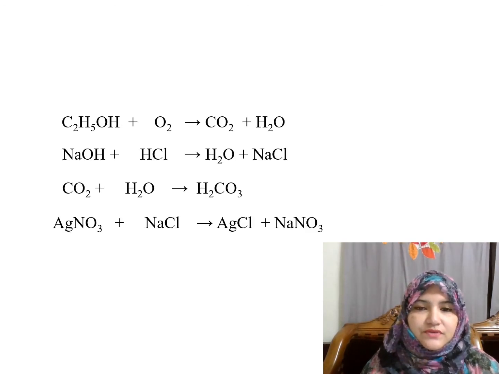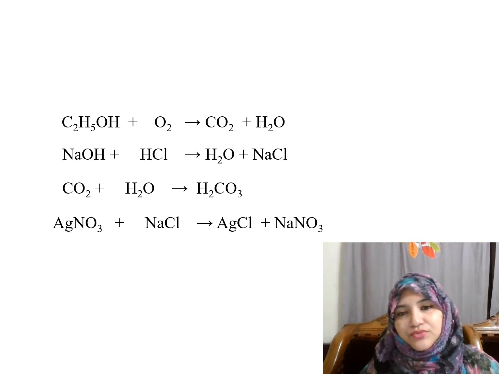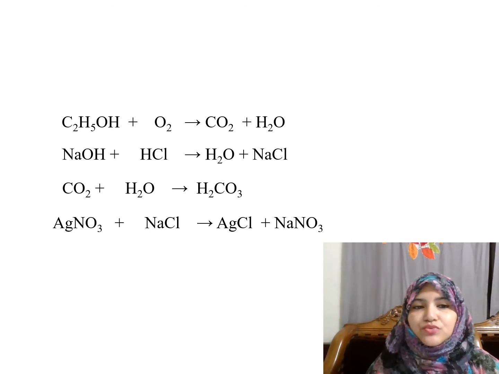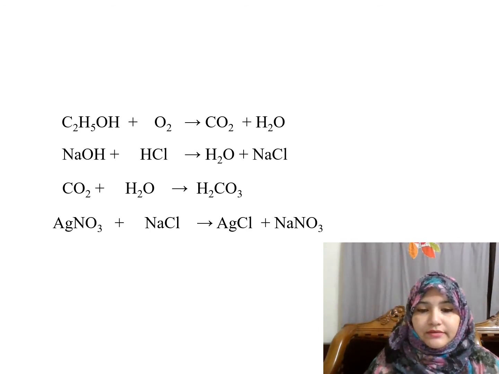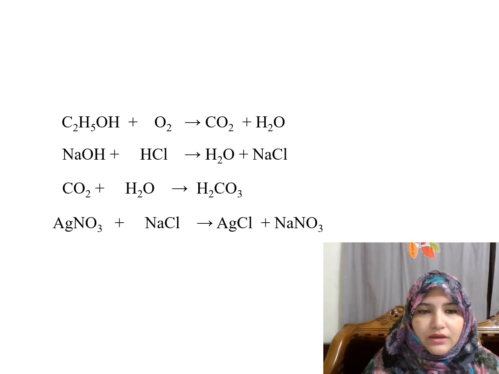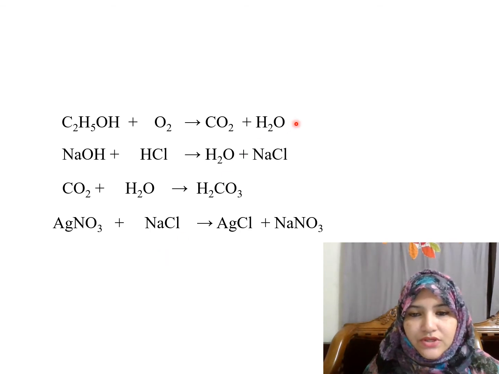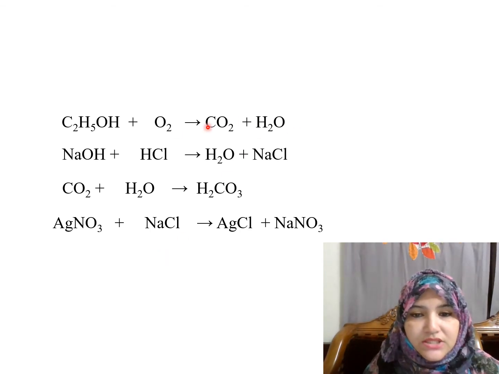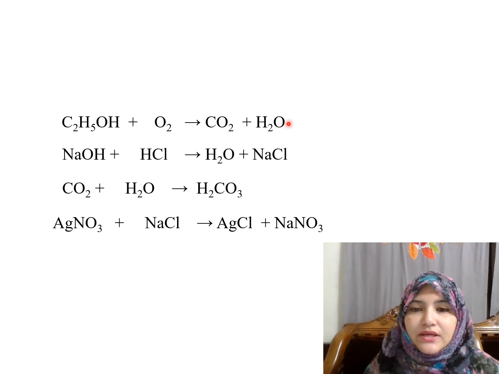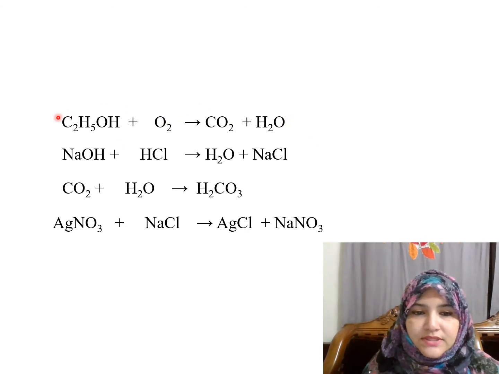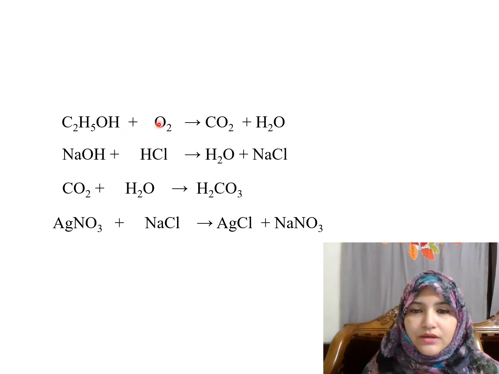Now I am going to give you a list of reactions, and you have to identify which ones are redox and which ones are not, and try. Okay, so the first example, let's try. The first example is a combustion reaction. We can see this is ethanol, an organic alcohol.